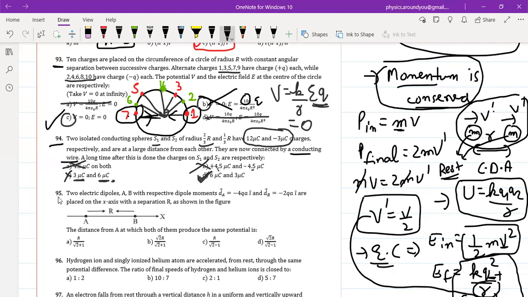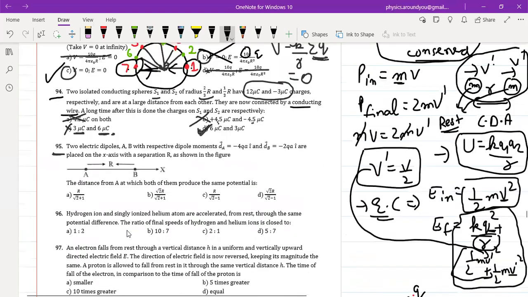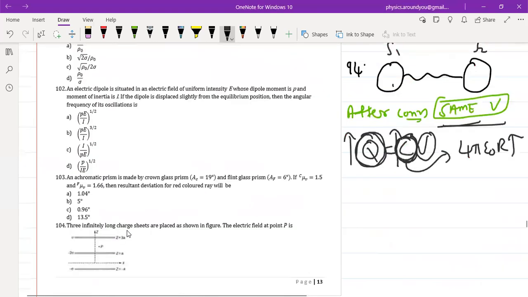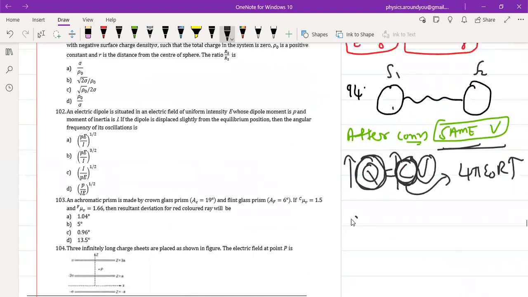Now going on to question number 95. Here also, your understanding of the potential due to a dipole is being tested. How to crack this? I'll briefly highlight the approach.